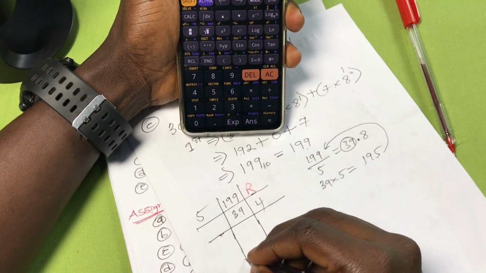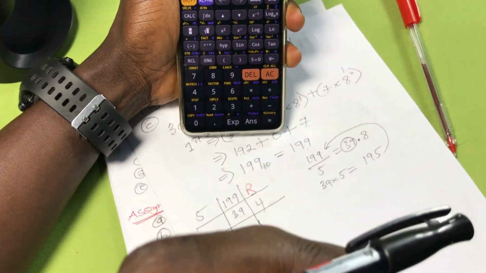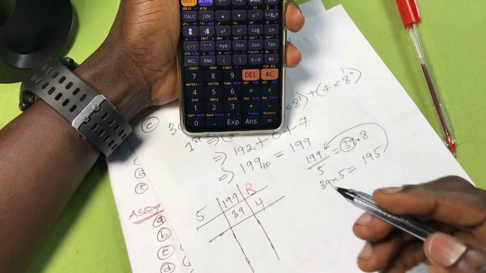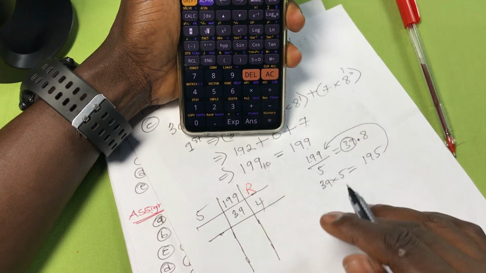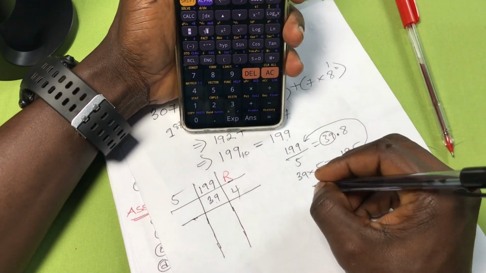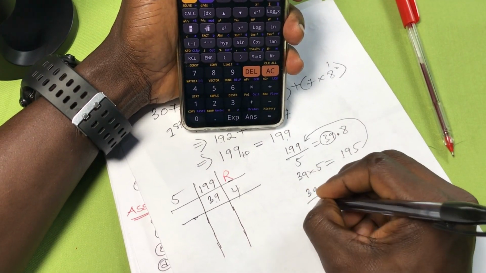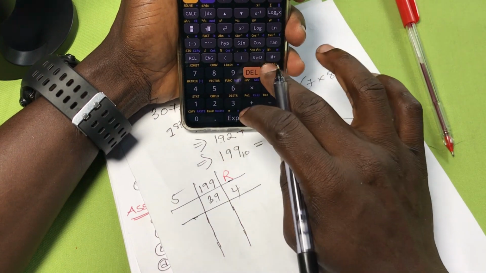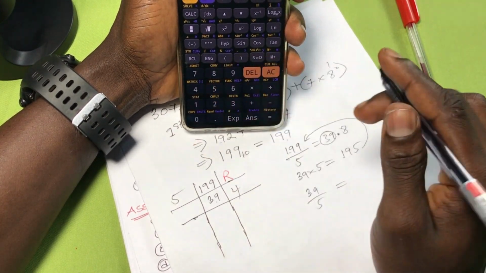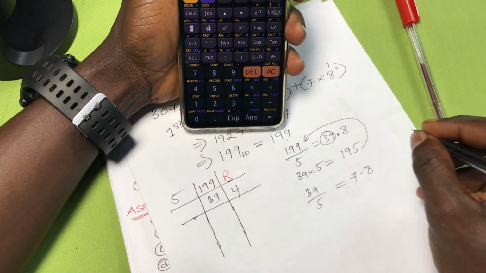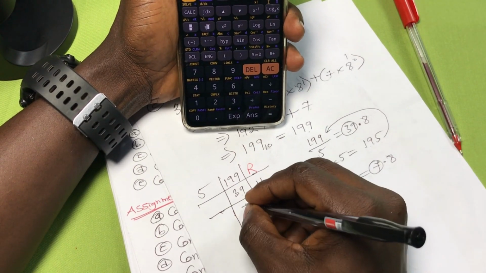We will continue to do this until we get a number that 5 cannot divide exactly. So let's go. So we say 39 divided by 5. On the calculator, 39 divided by 5, you can see is 7.8. So it means it will go into it 7.